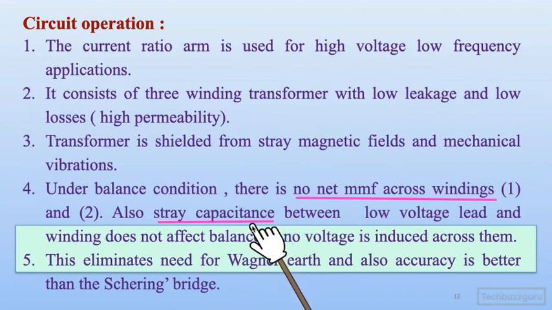That is why this method is better as compared to the shearing bridge, and also you don't require any Wagner earthing arrangement in order to take care of the stray capacitance. तो ट्रांसफॉर्मर रेशियो आर्म ब्रिज का फायदा क्या है कि आपको वैगनर अर्थिंग डिवाइस भी यूज नहीं करना है और इसकी एक्यूरेसी कॉमन शेयरिंग ब्रिज से ज्यादा है. This is the advantage of this particular method, right?